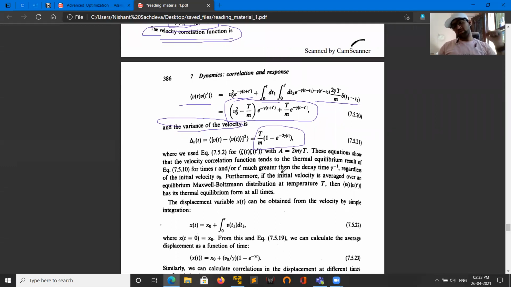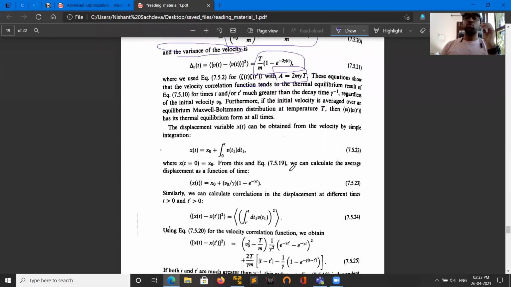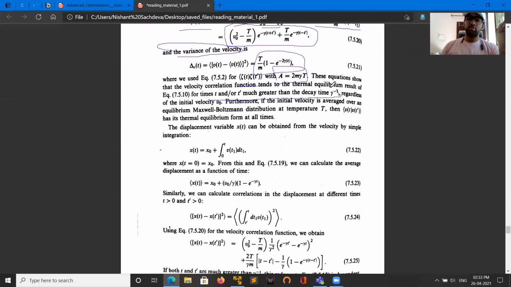We'll attach resources on the side. Now here we have used equation 7.5.2 for the average of tau(t) and tau(t'), with a equals 2 m omega T. Keep that in mind. These equations show that the velocity correlation function tends to the thermal equilibrium result of 7.5.10 for times t and/or t' much greater than the decay time gamma inverse, regardless of initial velocity.